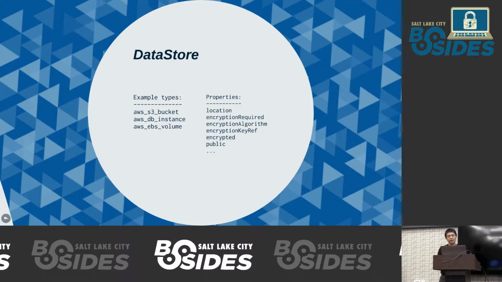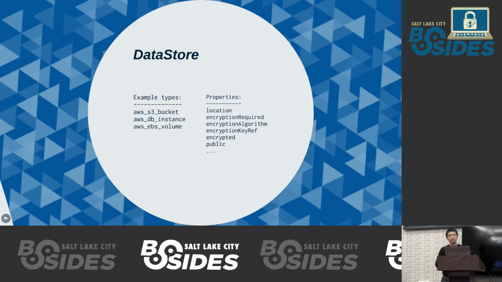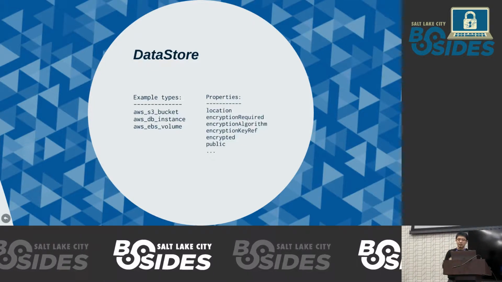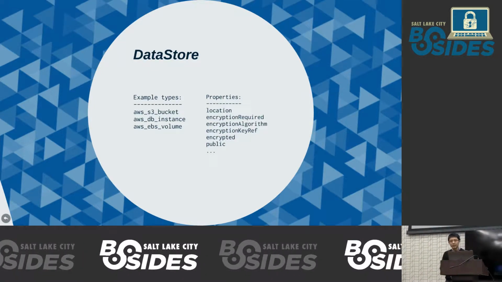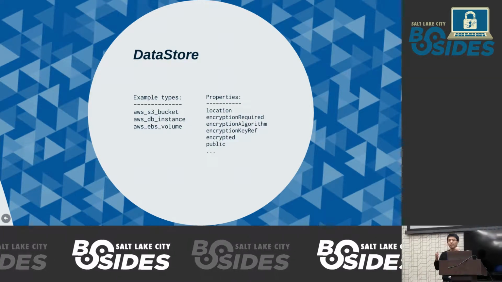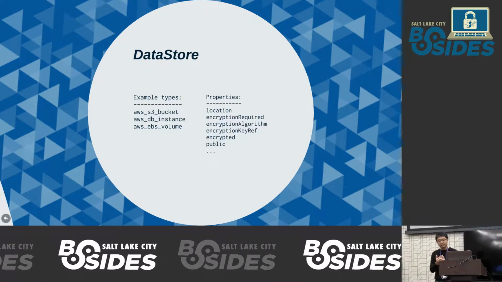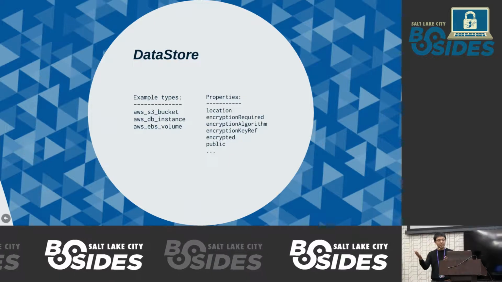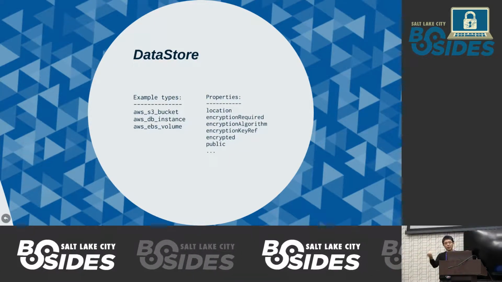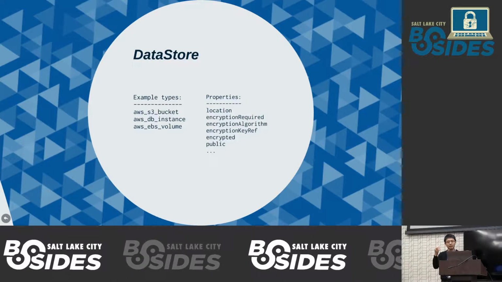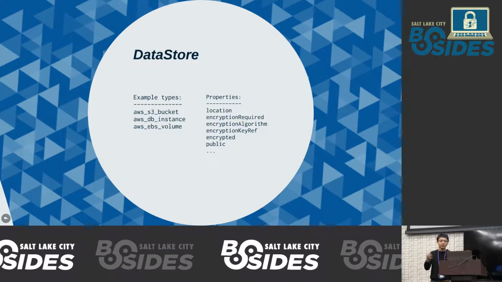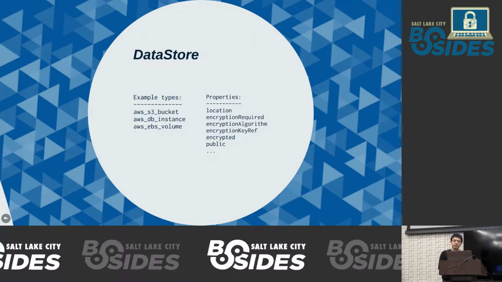Like a data store. A data store could be in the form of an AWS S3 bucket, a database instance, or an EBS volume. It could be a type that is entirely not in the cloud. It could be an on-prem file server as well. And so certain properties associated with that could be the location of it, whether that data store requires encryption, the actual encryption algorithm, the reference to the key, whether it is encrypted, and whether it's public, and so on and so forth.